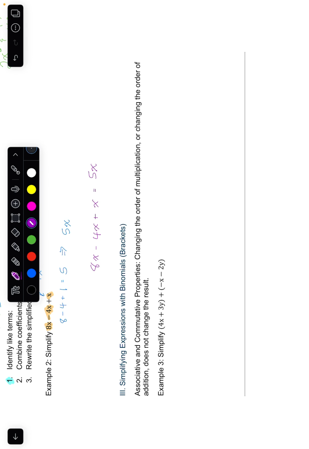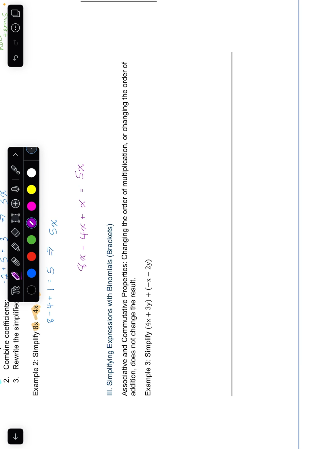So if we have a whole bunch of numbers that we're trying to add together, we can change the order of those numbers as long as we maintain addition between them, or as long as we maintain multiplication between them. We can change the order and get the same result.